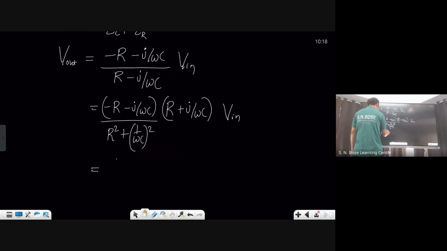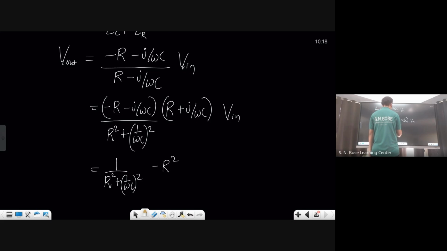This real part, 1 by R square plus 1 by omega C the square. Here, minus R square minus j plus 1 by omega C the square, minus R square plus 1 by omega C the square.